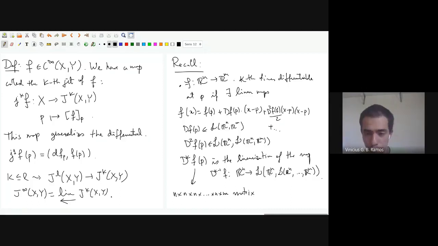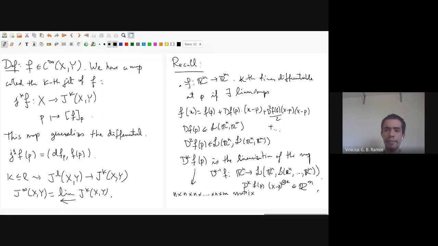That's why you can multiply this by x minus p to the k, and the result is something in Rm.